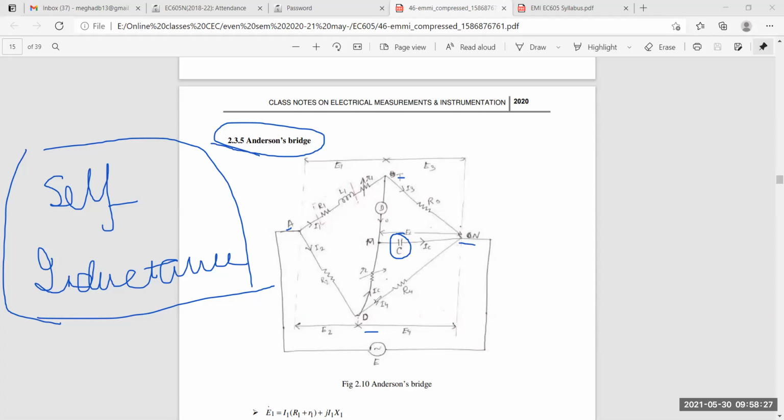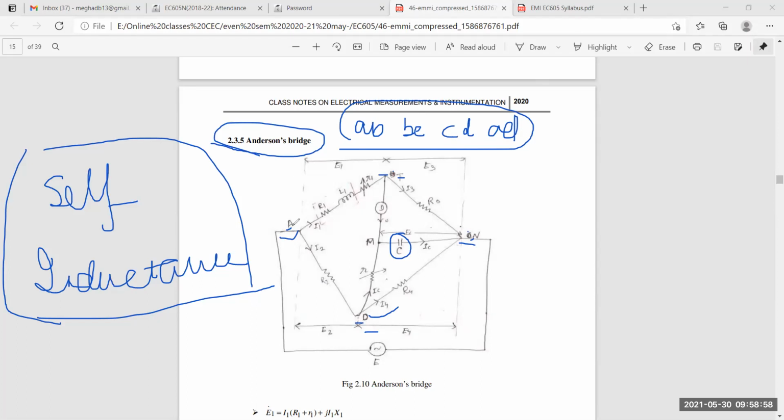In the construction part of Anderson, first of all you will find that the bridge has 4 arms. What are the 4 arms? AB, then BC, then CD, and then AD. So these are the 4 important arms of Anderson. Now follow arm AB.